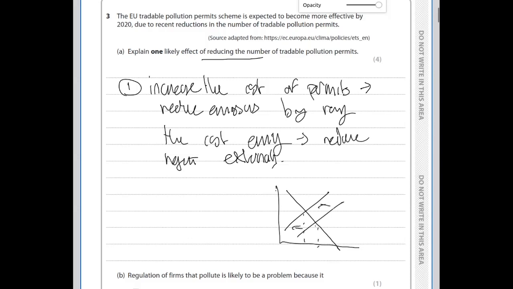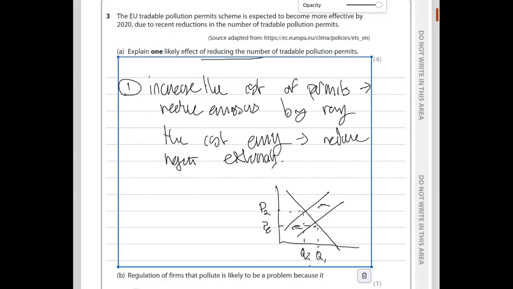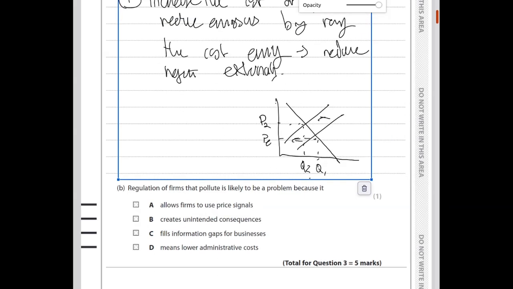I'm not expecting a complicated diagram for something like this, but this isn't going to hurt, right? P2, Q1, Q2, right? So this took me not very much time at all to draw, but it's helping to illustrate my point. It's going to help you score more points here. You want to make sure you're providing a full explanation to get your analysis points.